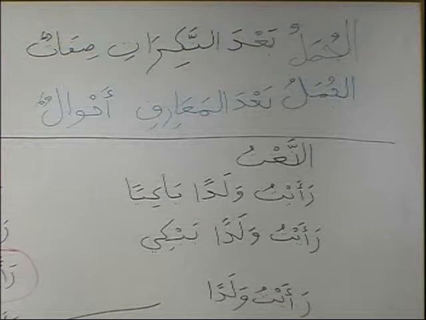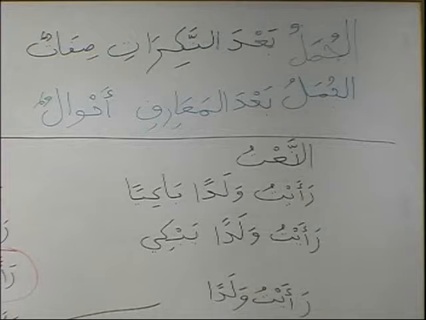Sifatun or naatun means adjective. So a sentence which comes after an indefinite noun, are you with me? Be that sentence jumla ismiya or fi'liya, it will come as a naat. Remember, I have told you many times.